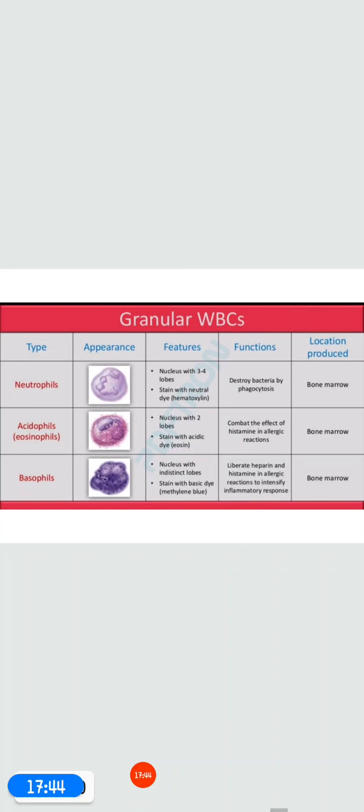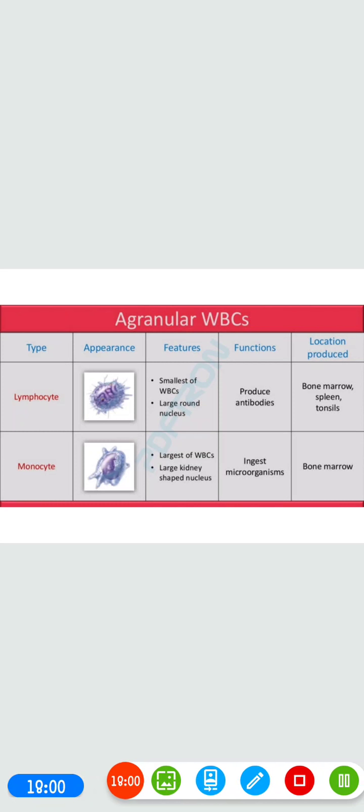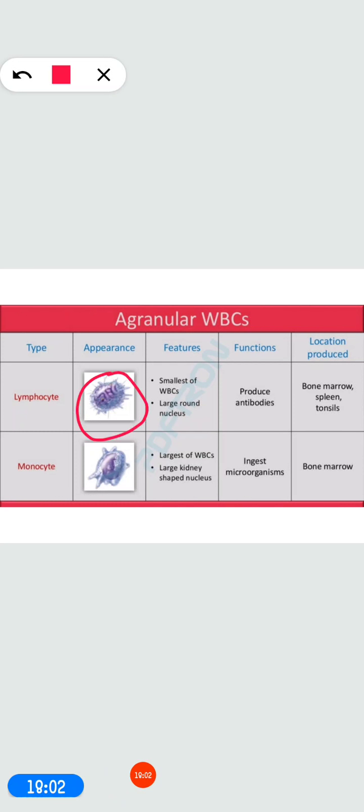This is the granular WBC described. And now next is agranular WBC. This is lymphocytes and monocytes. Lymphocyte appearance is this and the features are smallest of WBC and large round nucleus, and it produces antibodies. The location produced is bone marrow, spleen and tonsils.